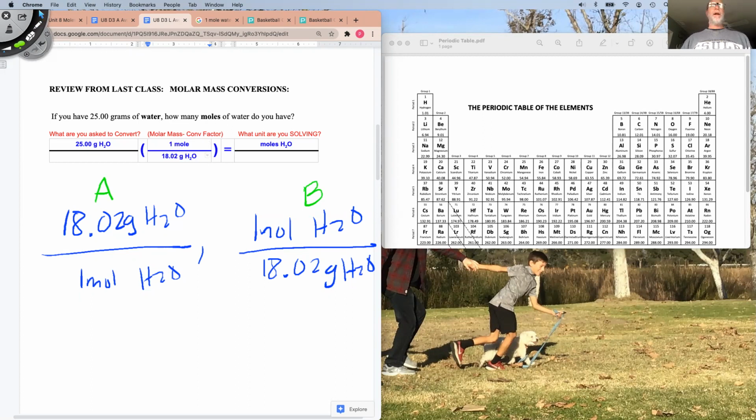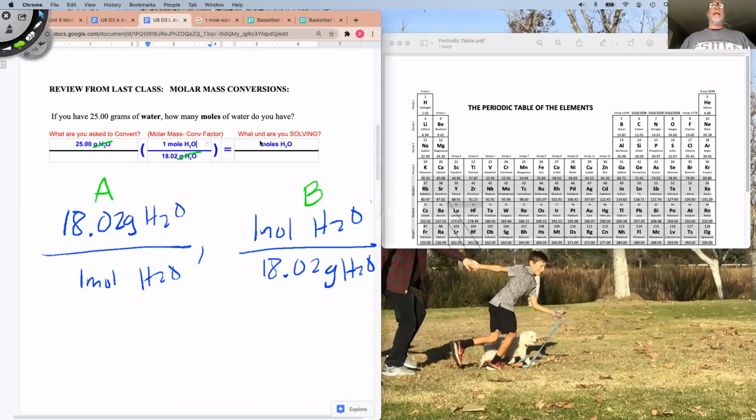All right, 1 mole of water. The purpose is so that these cancel out, so that the words grams and water cancel, leaving us only moles of water. So for our final answer, we'll take out our calculator.